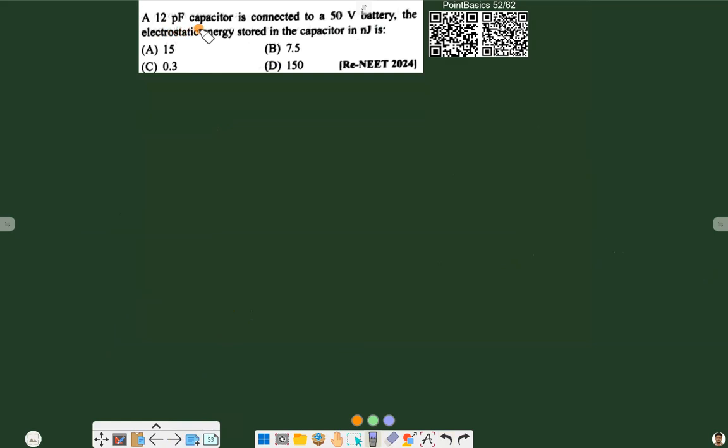A 12 picofarad capacitor is connected to a 50 volt battery. The electrostatic energy stored in the capacitor in nanojoules. So it's a 12 picofarad capacitor, and we can write that total energy stored is equal to half CV square. So half C is 12 into 10 raised to power minus 12, and potential is 50 volts.